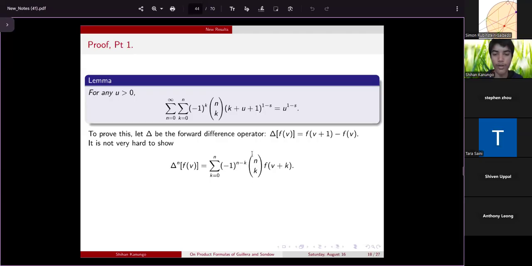So if we were to rewrite this expression in terms of the forward difference operator, what we would get is the sum from n equals 0 to infinity of minus 1 to the n term, because here it's minus 1 to the n minus k, and here it's minus 1 to the k, times delta to the n of v to the 1 minus s. And here we define v to be u plus 1.